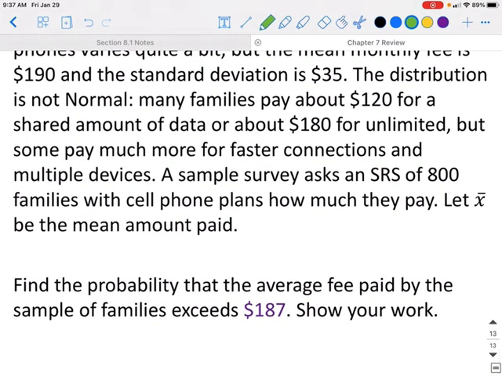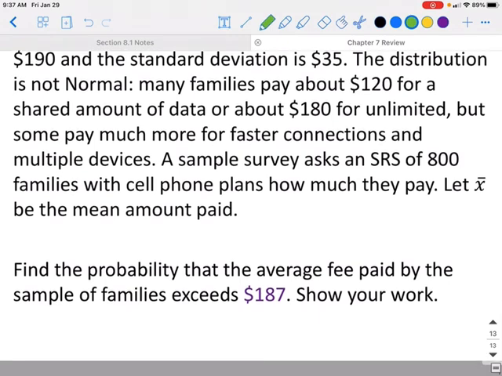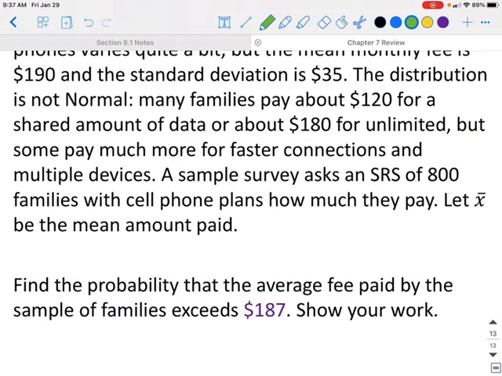And we need to find the probability that the average fee paid by the sample families exceeds $187. Now again, because this is the sample of families, not an individual family, we can do these calculations. Remember, we said this is going to be a normal approximation for the sample with a mean of 190 and a standard deviation of 1.237.